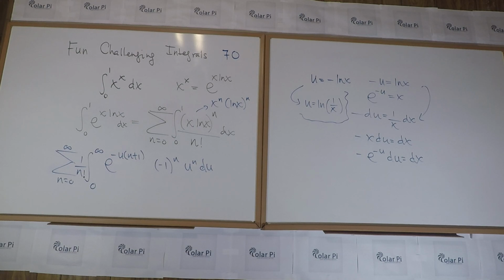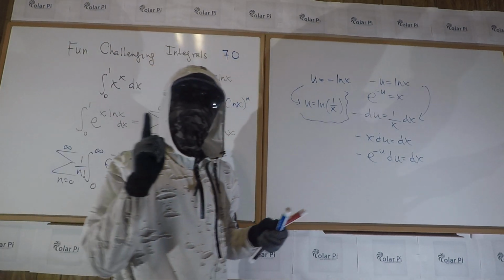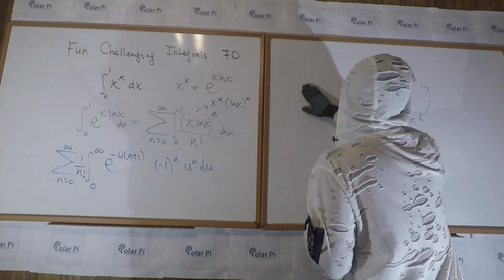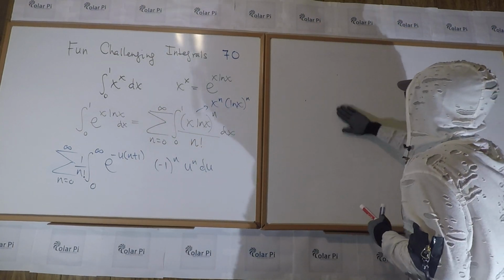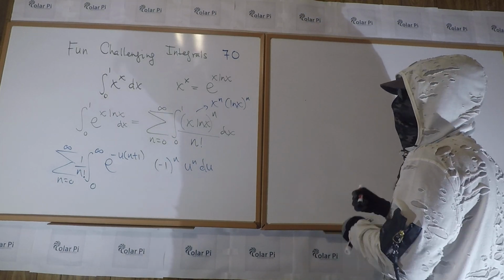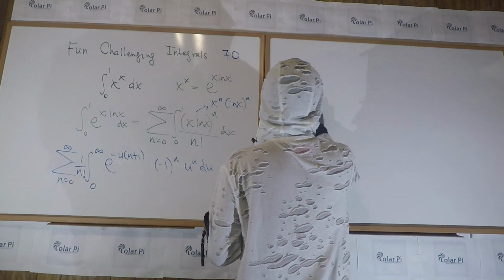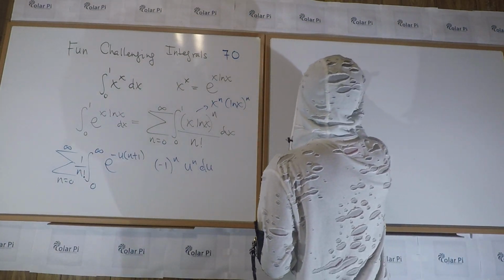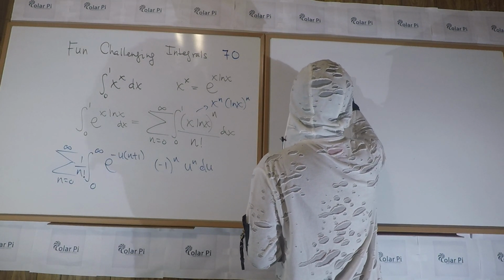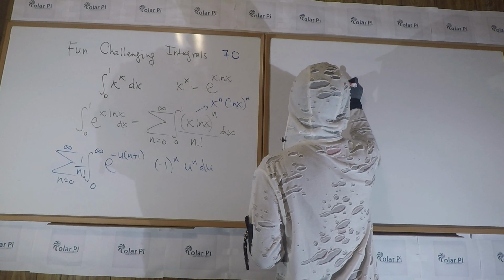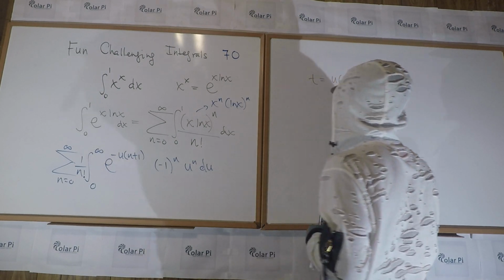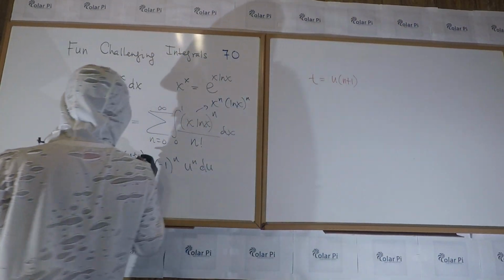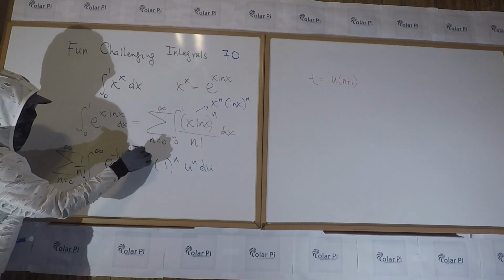We've made a lot of progress, but one more substitution will do the job. This time let's let t equal u times n plus 1. So t is this right here.